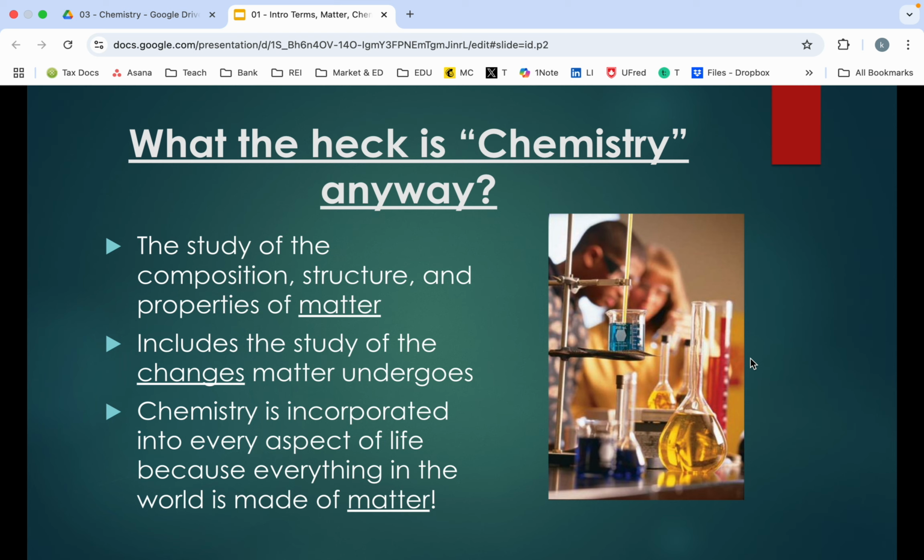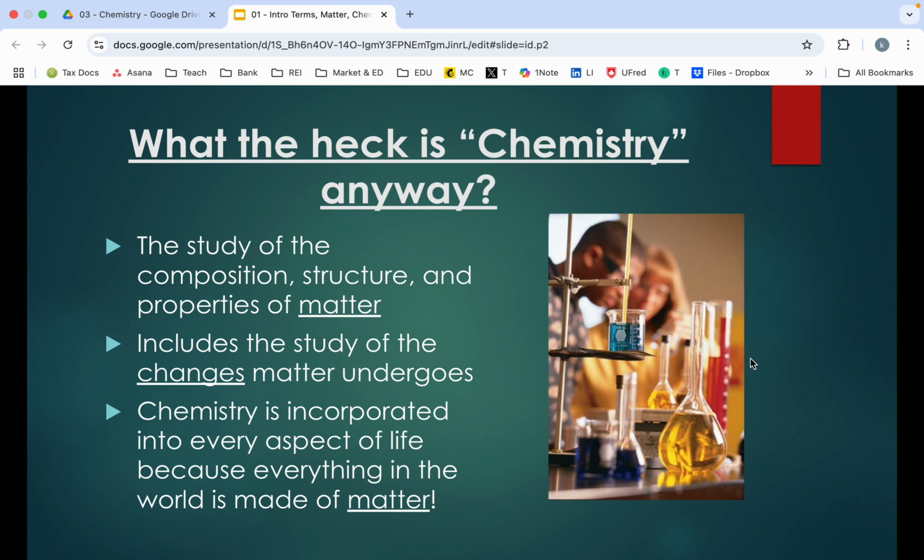It includes the study of changes that matter undergoes. So what happens when you stick it with something else? What happens when you heat it up? What happens maybe when you cool it off and stick it with something else? So those types of things are included in chemistry. It's in every single aspect of our life.